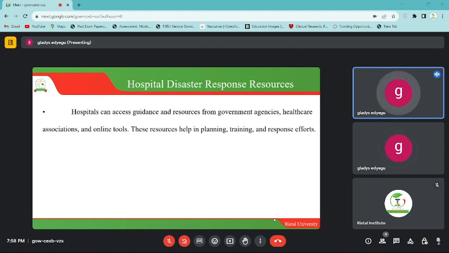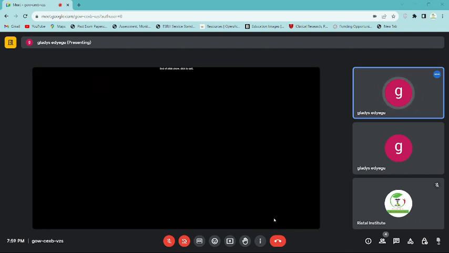So you realize our government and the different private organizations or agencies were able to respond in different ways. We cannot manage to handle disaster in our hospitals alone, but we need different stakeholders to help us in response in relation to resource provision and supplies.